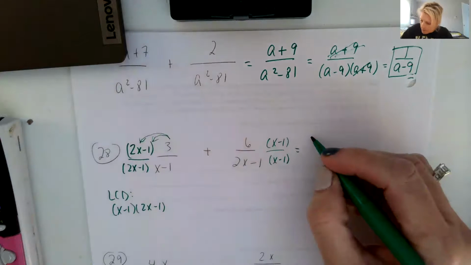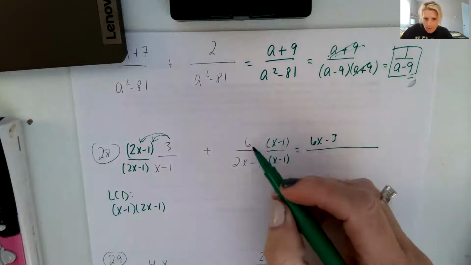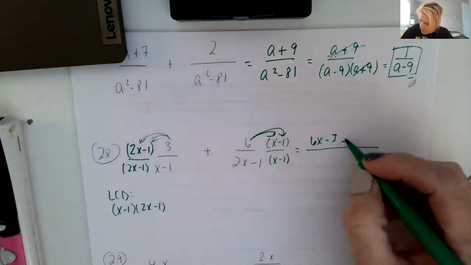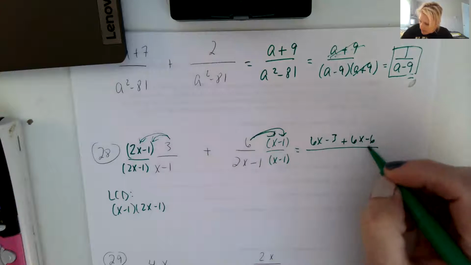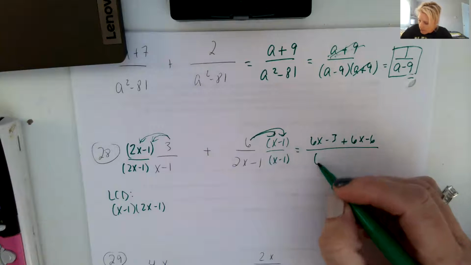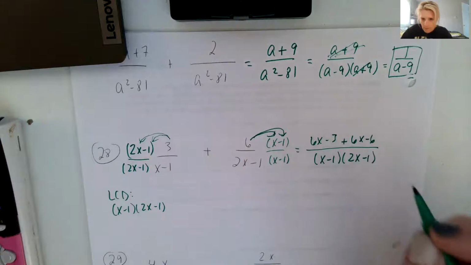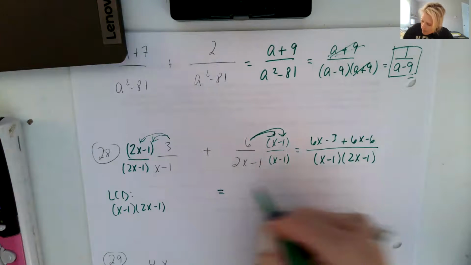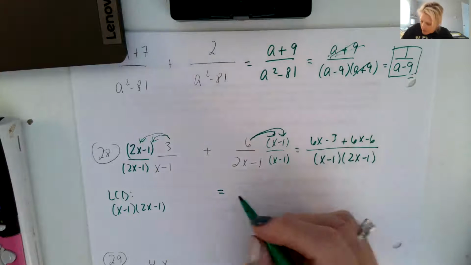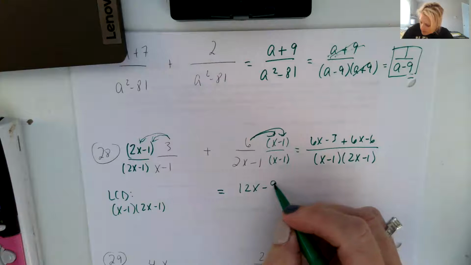So that becomes 6x minus 3. And then on the right, we have to distribute the 6. So that becomes plus 6x minus 6. And then I'm going to leave my common denominator in factored form. So it's just x minus 1 times 2x minus 1 for now. Combining my numerator, I have 6x plus 6x. So we have 12x minus 3 minus 6 is a minus 9.